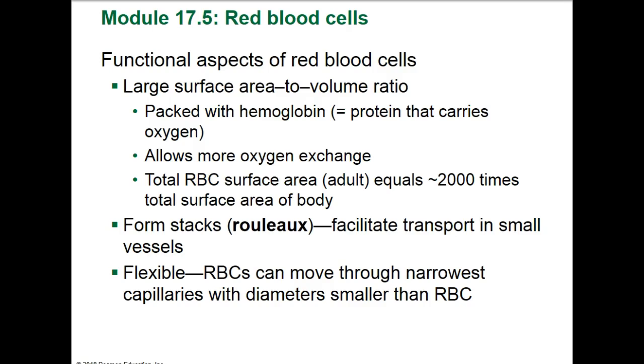This allows for a lot of oxygen exchange. The total red blood cell surface area in adults is about 2,000 times the total surface area of your body. And that tells you a lot about the importance of the red blood cell as well.